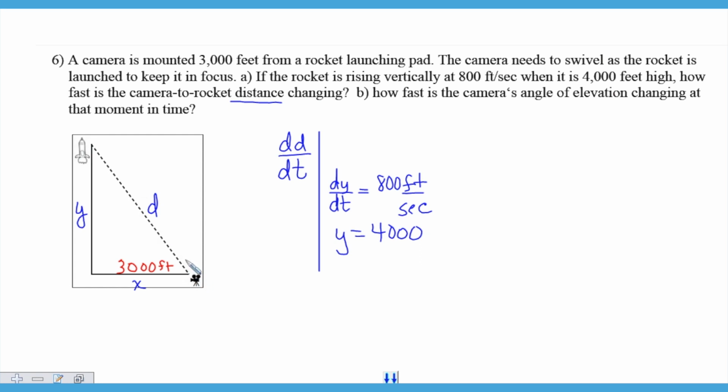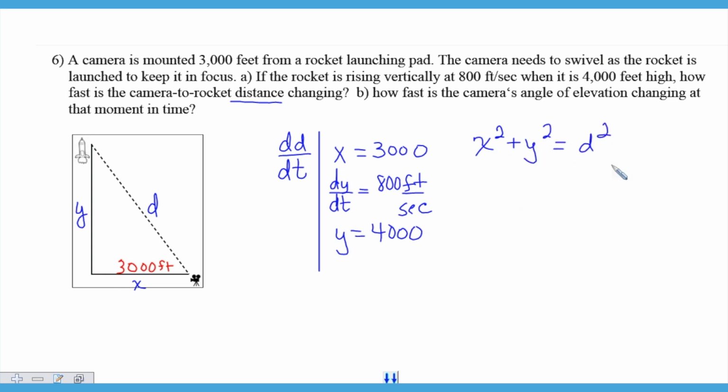All right, so we know x, right? And we know x is always 3,000. So we know x, and we know y, and we know d, and we know this makes a right triangle. And so how do you relate those? The Pythagorean theorem. So I'm going to say x squared plus y squared equals d squared.